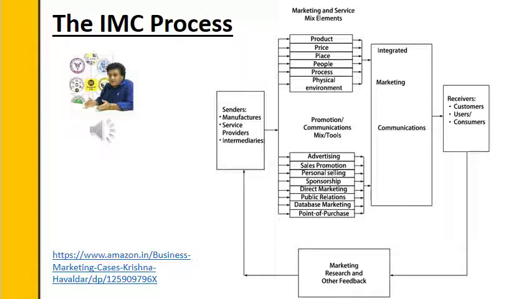So this is a graphic view of integrated marketing communication. It really helps, because many times it has been seen that companies are spending heavily in different departments, in different arenas, and it is not coming up with the desired result.